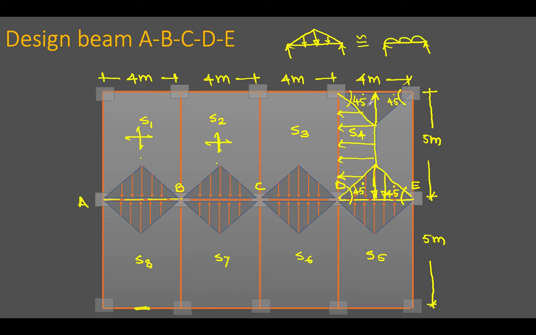Though we can directly calculate with the known intensity of load on the slab how much triangular load is coming, we are not going to consider triangular load, or even trapezoidal load. We are going to consider an equivalent uniformly distributed load.